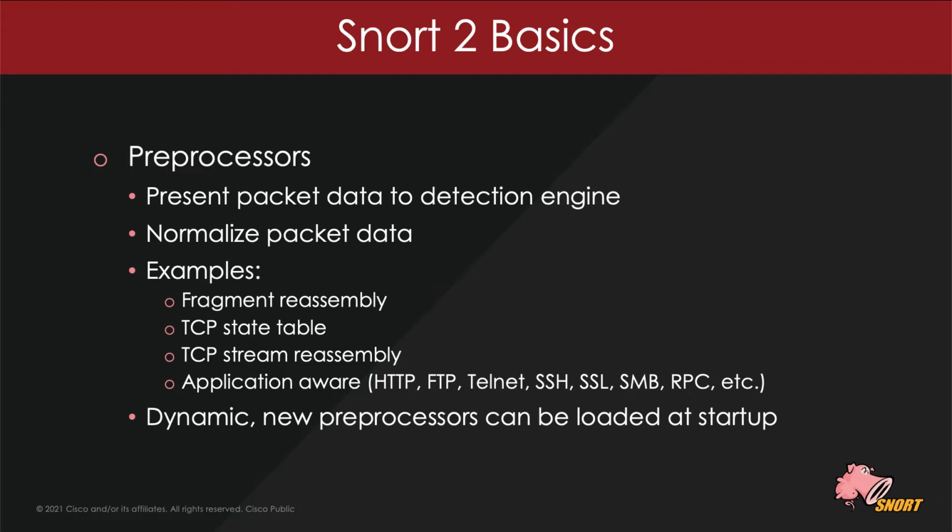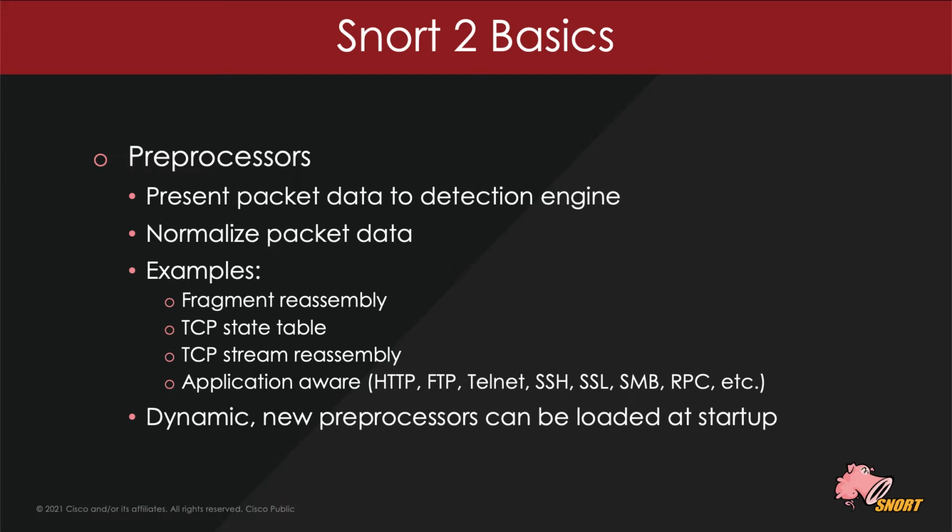When we say normalize, a good example of that is what the HTTP inspect preprocessor does. Most of us are familiar with URIs and HTTP URIs and how they can be encoded, right? So instead of just looking at ASCII, the percent characters and all these kind of special characters in a URI, so that's encoding.